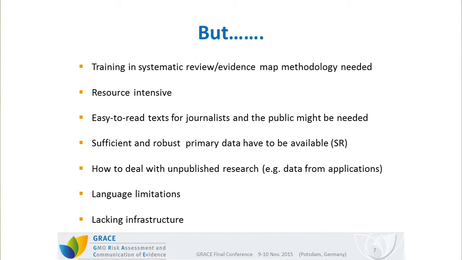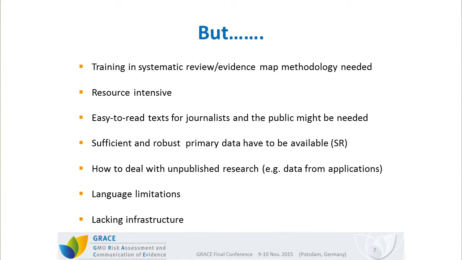Then, especially in the case of systematic reviews, sufficient and robust primary data have to be available. What was also faced within GRACE is how to deal with unpublished research, for example data included in applications, which are per se not confidential, so you are allowed to read them, but you're not allowed to use them. So you're not allowed to publish them. Then, when you think about the vast amount of literature published, for example, in Chinese or other languages, there's always the question about possible language limitations, if you do not have anybody in your review team who knows this language and can assess these publications.